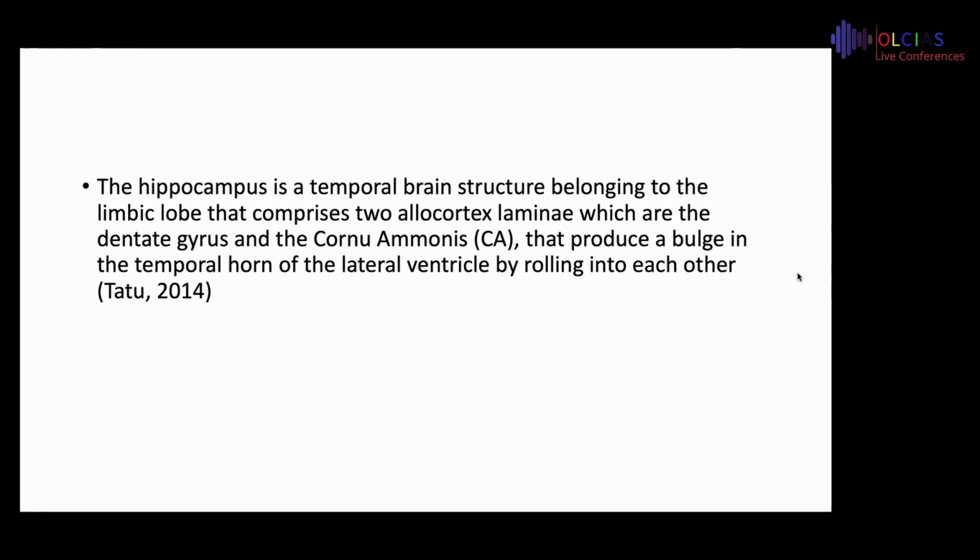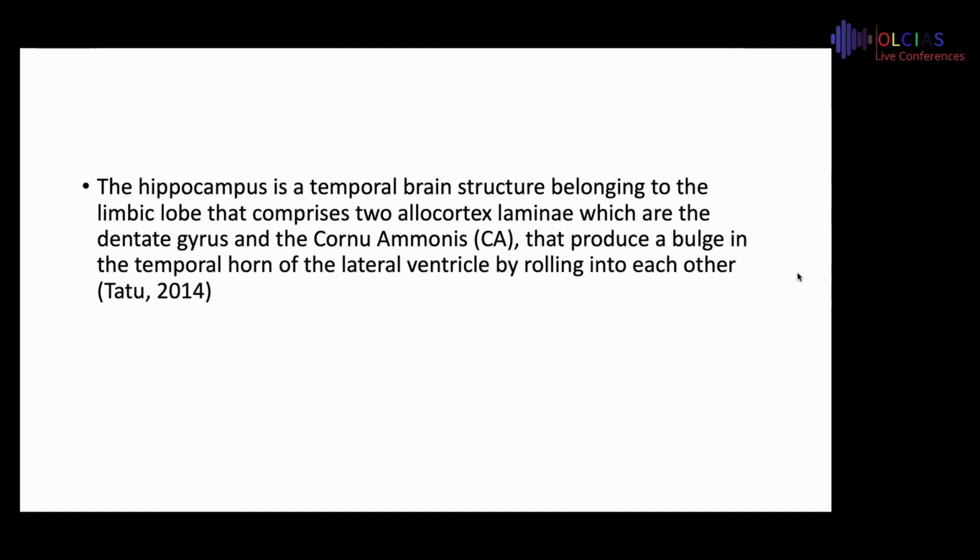Now, the hippocampus has various functions. It functions as an organ of memory processing. It can also function in the regulation of fear and anxiety. It also helps in learning and emotion, and it is critical for memory consolidation.